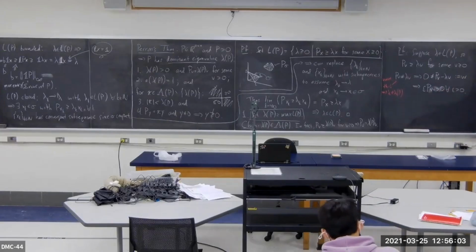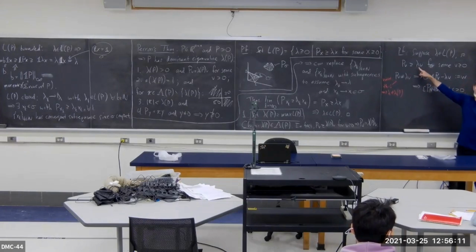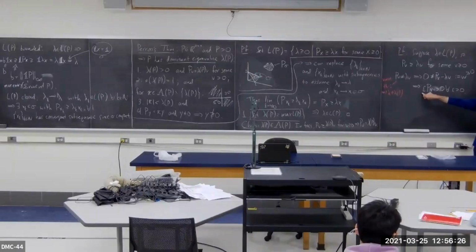What can you tell me about W? Well, PV is greater than or equal to lambda V, right? So if I take PV minus lambda V, then this thing is greater than or equal to 0. Yeah? And that means that P of it is strictly positive, which means that epsilon P of it is strictly positive.